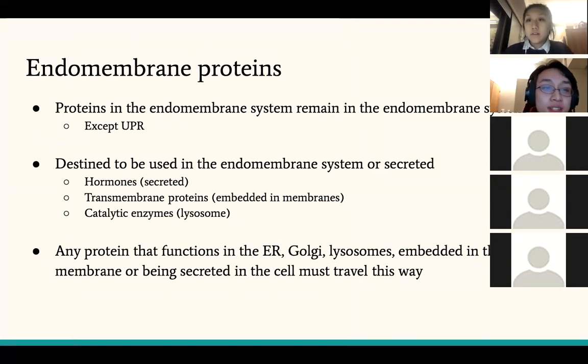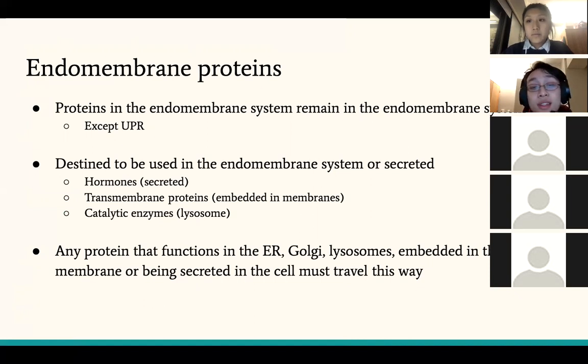A couple of important notes to think about. Endomembrane proteins remain in the endomembrane system. Once you enter the rough ER, you will not leave into the cytosol anymore. You have to travel along that system: rough ER, vesicle, Golgi body, lysosome, or the plasma membrane.